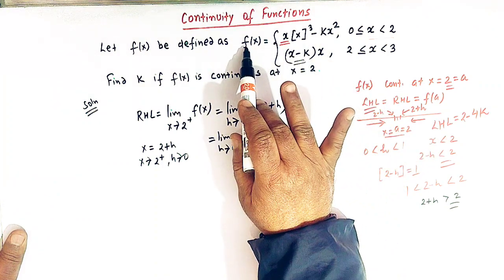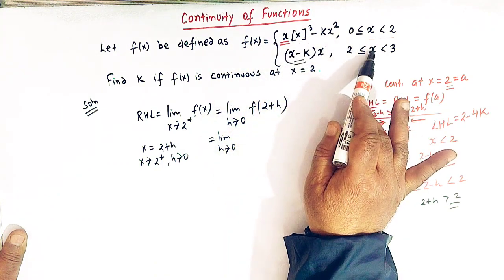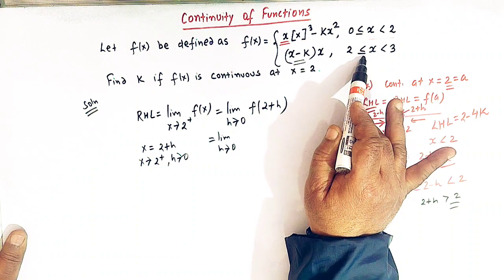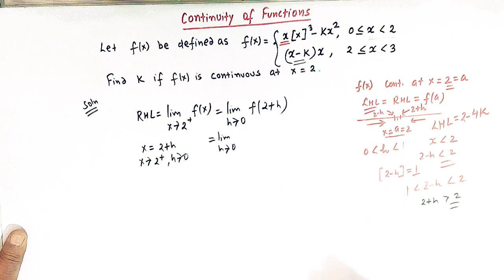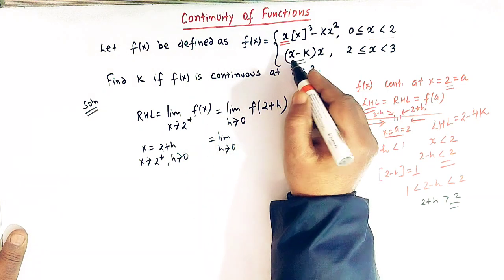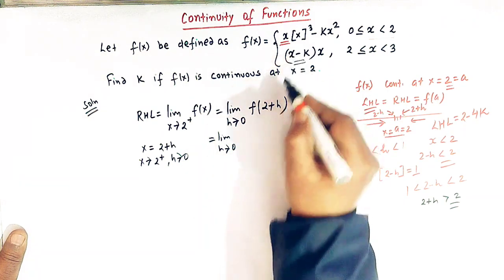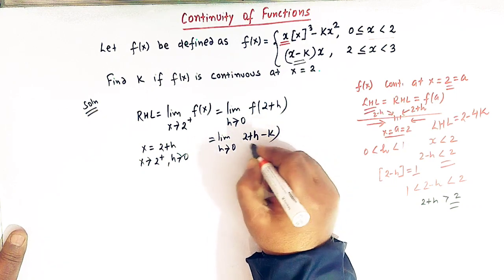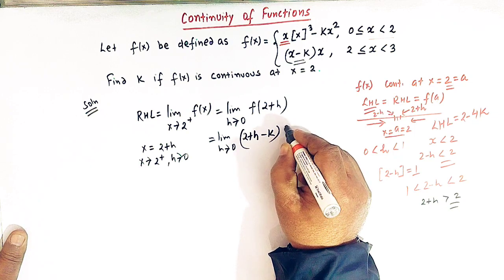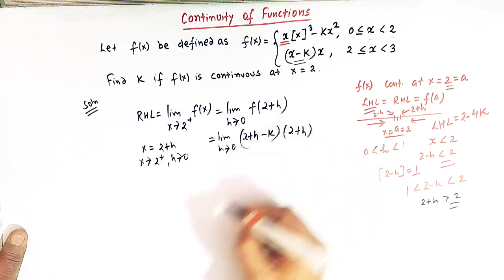So the form of f of x for x greater than or equal to 2 may be taken as x minus k times x, right? So f of 2 plus h is obtained by replacing x by 2 plus h. So we have 2 plus h minus k, then we have here 2 plus h, right?